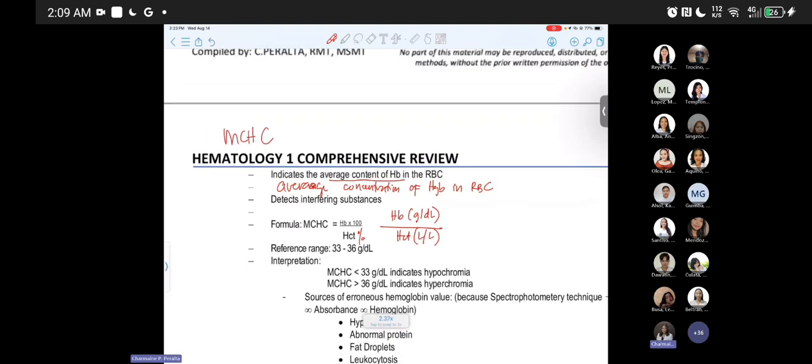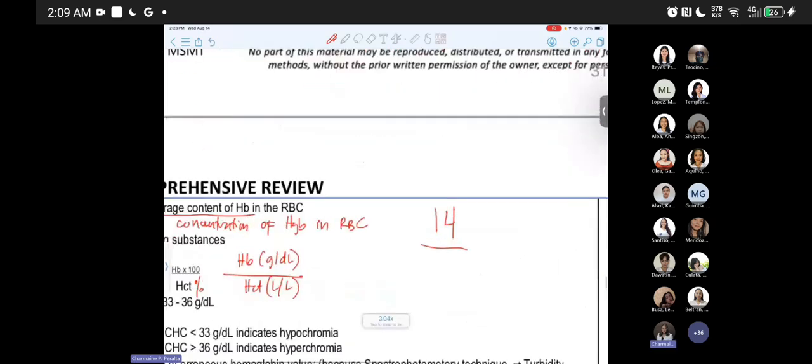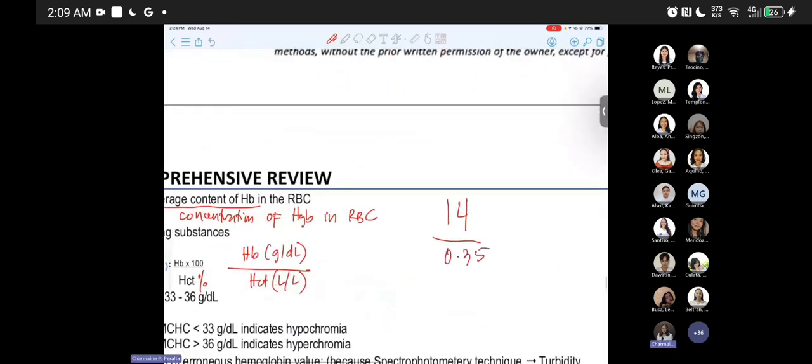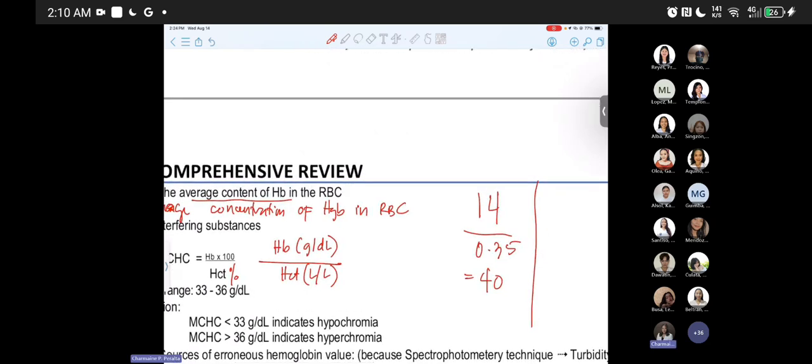So let's apply the previous example. The patient's hemoglobin is 14. The hematocrit is 0.35. 14 divided by 0.35 equals 40. Let's use the other formula: hemoglobin 14 times 100 divided by hematocrit in percent.